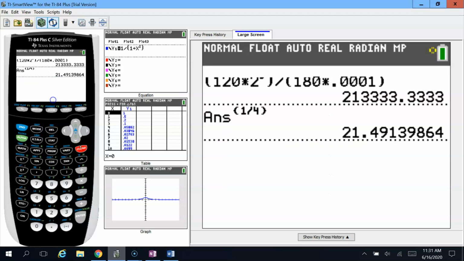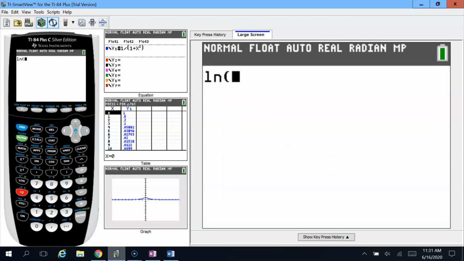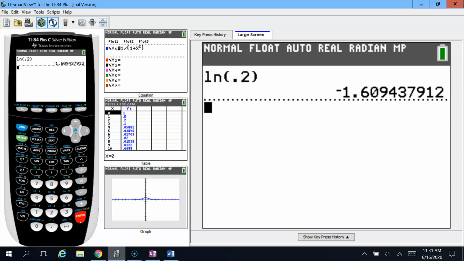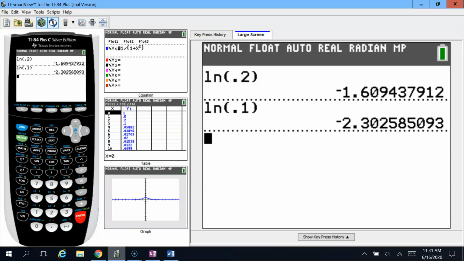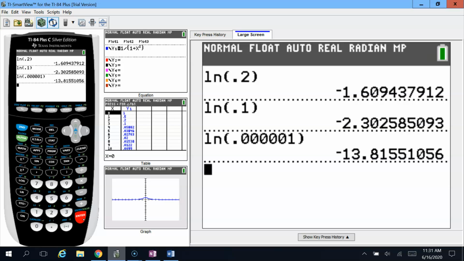So let's look at the natural log as I keep getting closer to 0. Natural log of maybe 0.2 is some crazy number. Natural log of 0.1, a little bit bigger of a negative number. Natural log of 0.000001, even bigger. And this is just going to keep getting bigger and bigger.